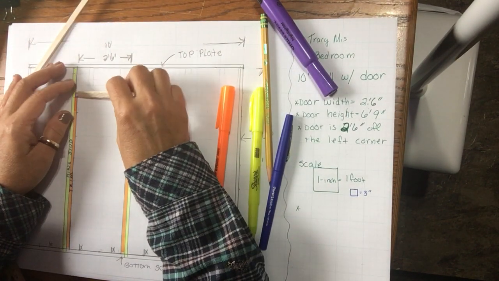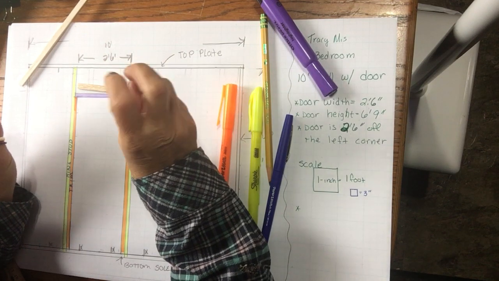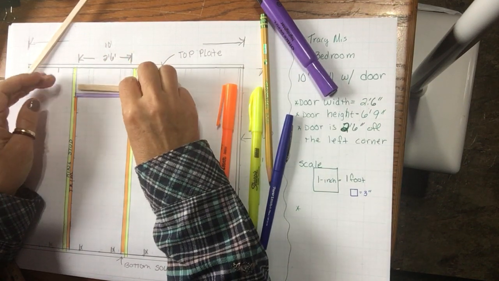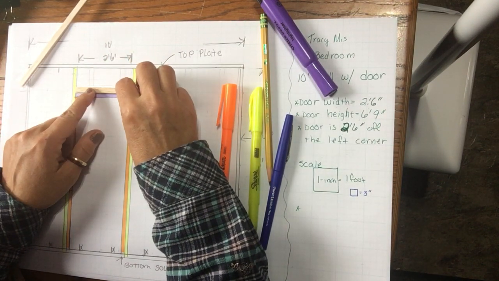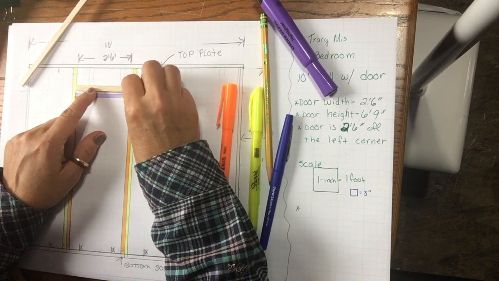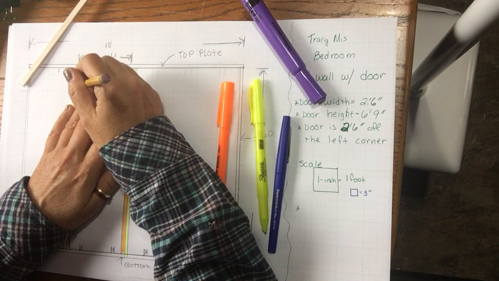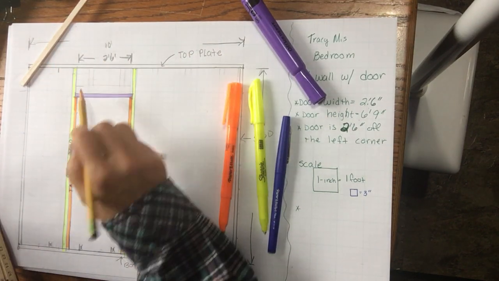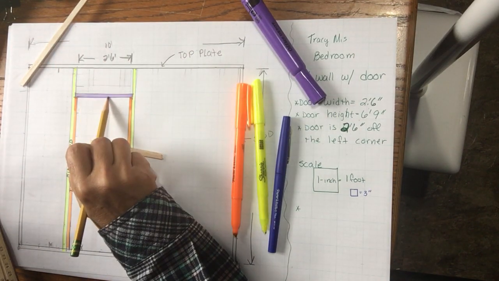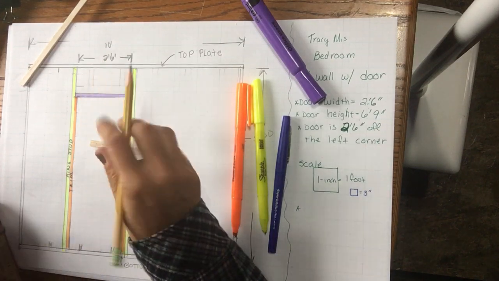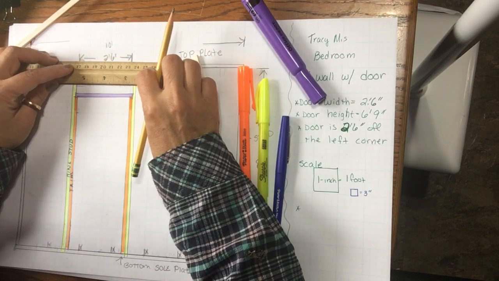If this was an actual 2x4, this would be the 4-inch side. So that's accounting for that. And if you're wondering how thick that is, this was half a square, so this would be a square and a half.